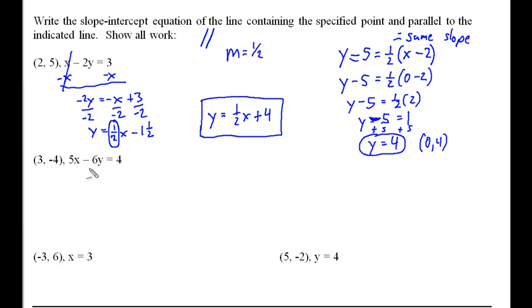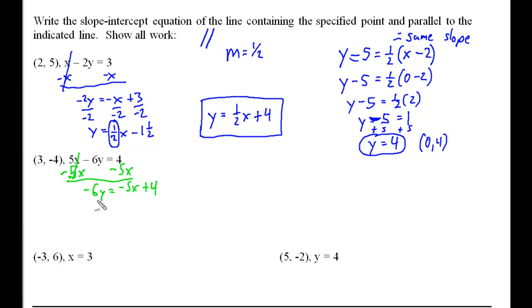Step 1 is to convert this into slope-intercept form, so we know what we're looking at. So we're going to get rid of the 5x from the left side. We're going to cross that out. Negative 6y is equal to negative 5x plus 4.